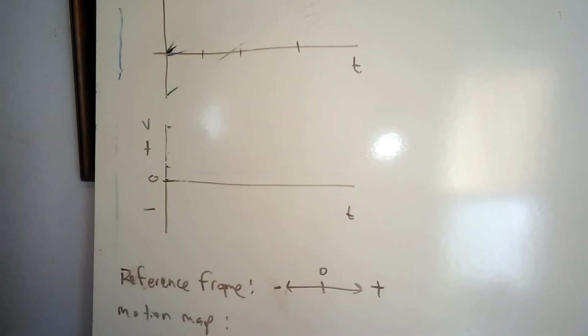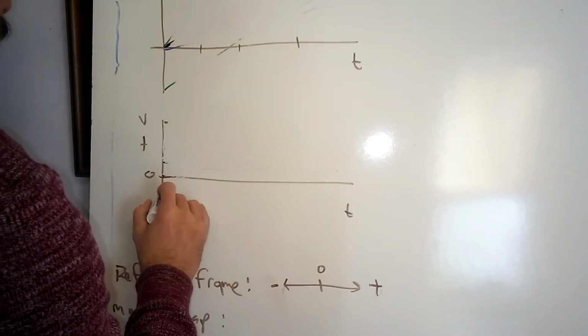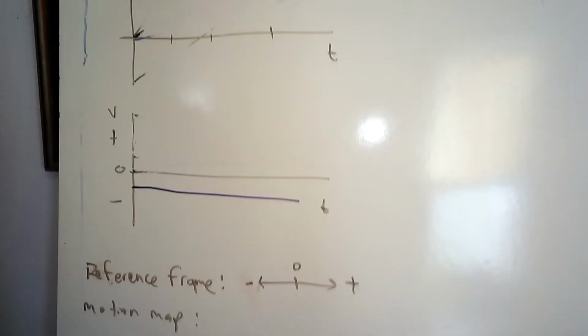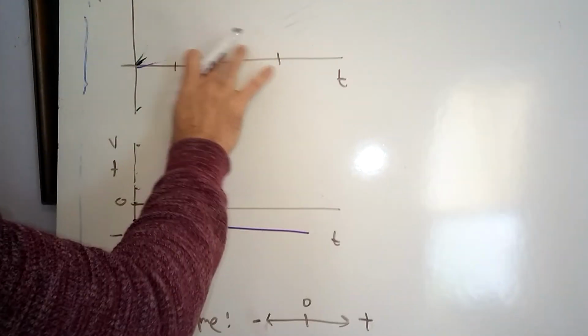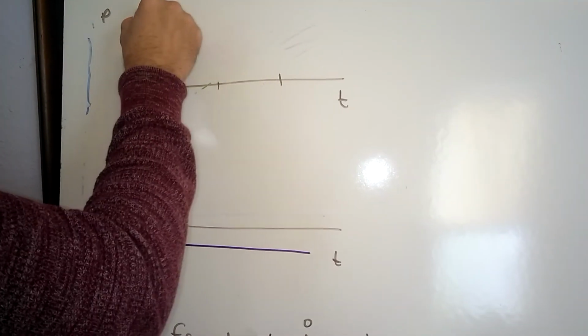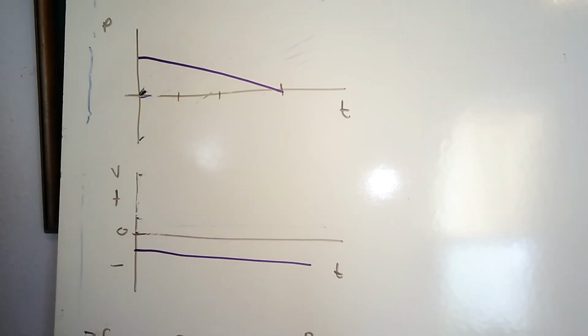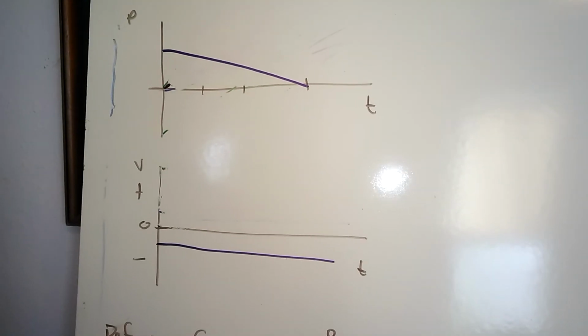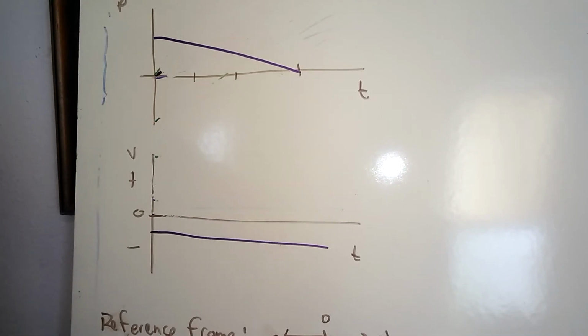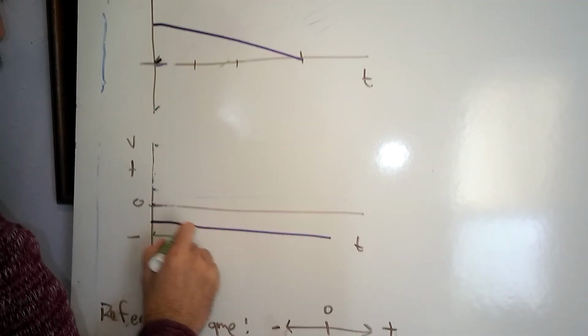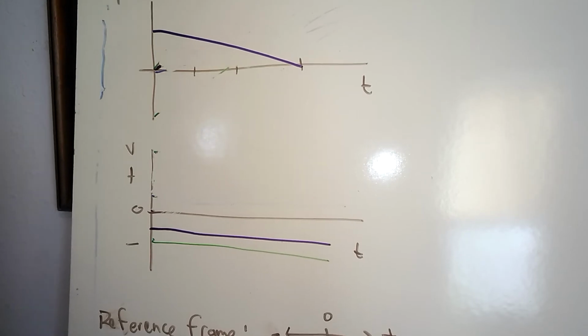So now let's have a constant negative velocity. In that case, I would need a constant negative slope. If I wanted a faster negative velocity, I would need a steeper negative slope.